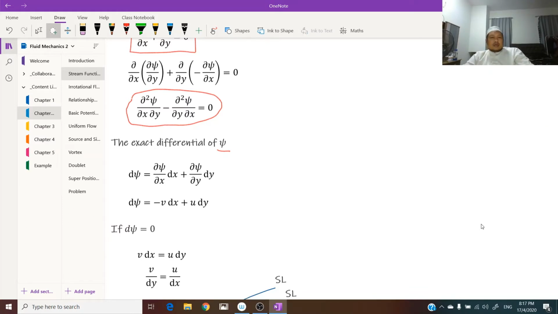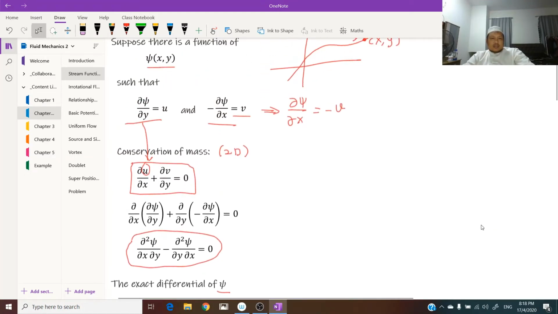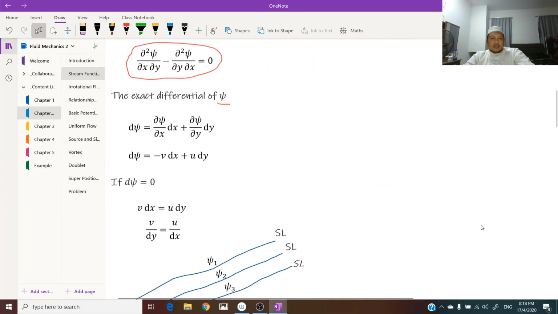So del psi equals minus v dx plus u dy. Because we substitute back these equations, from this equation into this one, we get these equations. So del psi equals minus v dx plus u dy.